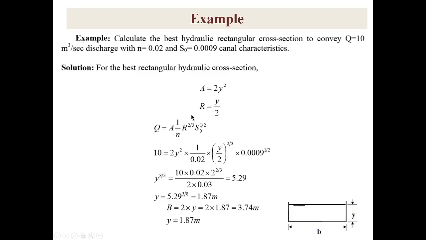The question asks us to determine the water depth and bottom width of an economical rectangular cross section. Based on the results of the previous lecture, we know that in the most efficient rectangular cross sections, A equals 2y squared, and hydraulic radius is half of the water depth.